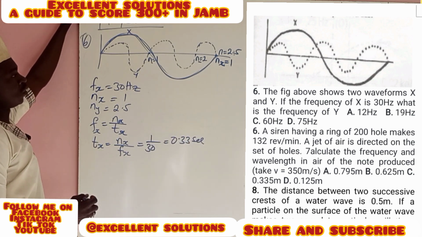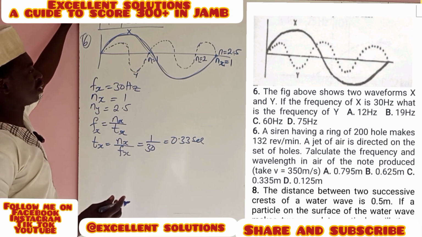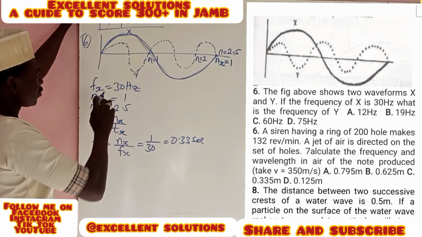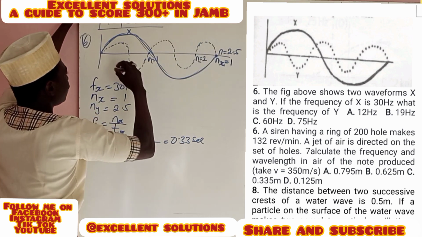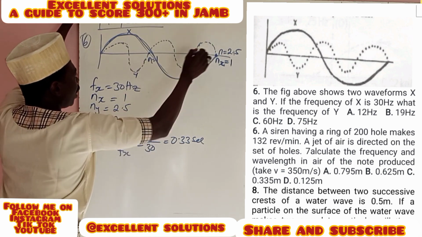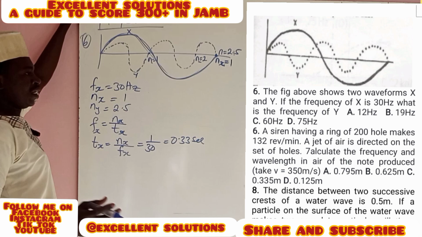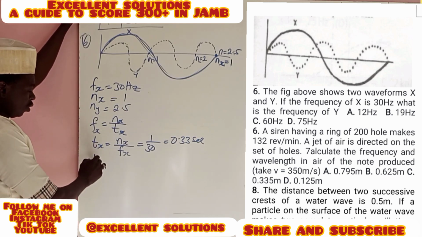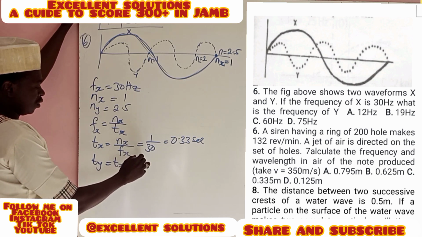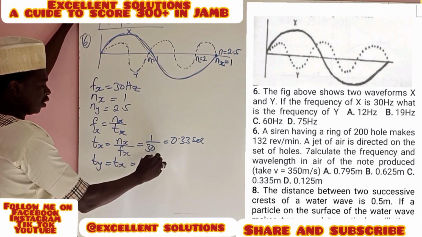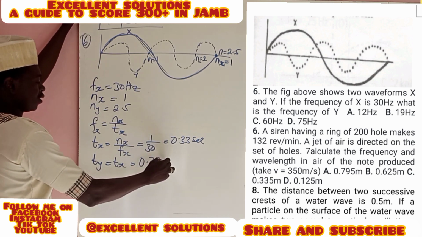Now, for the time of y, if you look at the diagram, this is where x arrives, and this is where y also arrives. So both x and y arrive at the same time. Therefore, the time of y is equal to the time of x, which is 0.33 seconds.